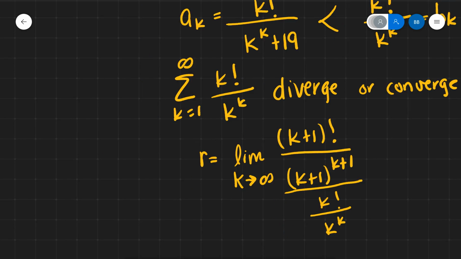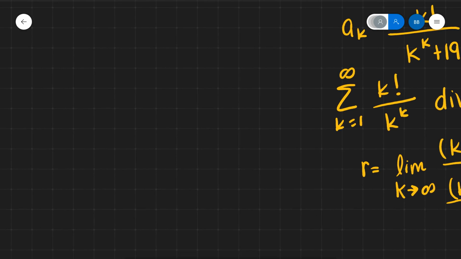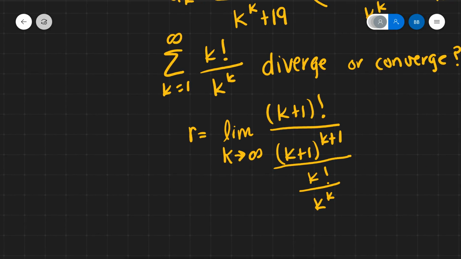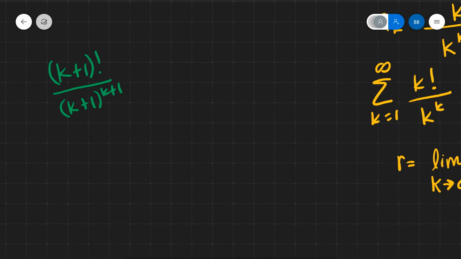All right, so let's go over here and move this fraction, and we'll do some scratch work. We need to reduce the fraction k plus 1 factorial over k plus 1 to the k plus 1, and that whole thing is written over the exact same thing that we were originally given, but in the denominator. So we'll just skip writing it in the denominator and flip it over. So we have k to the k over k factorial.